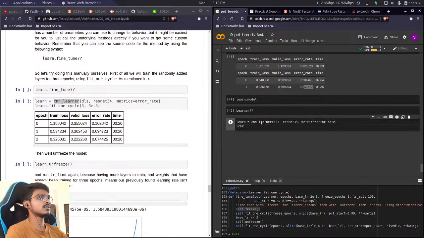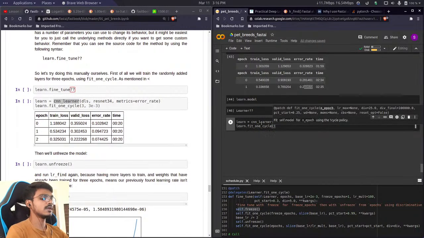Now let's try to fit it for one cycle. We are only training the randomly added layers for 3 epochs, and the learning rate is 3e-3.